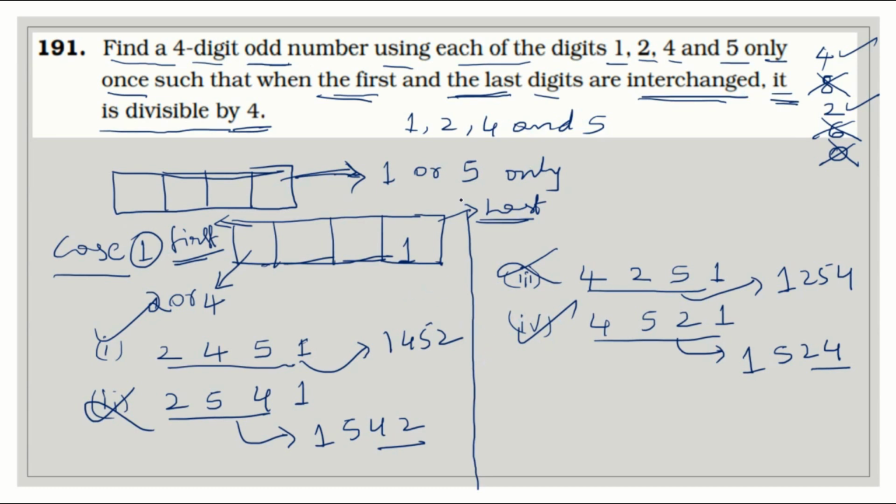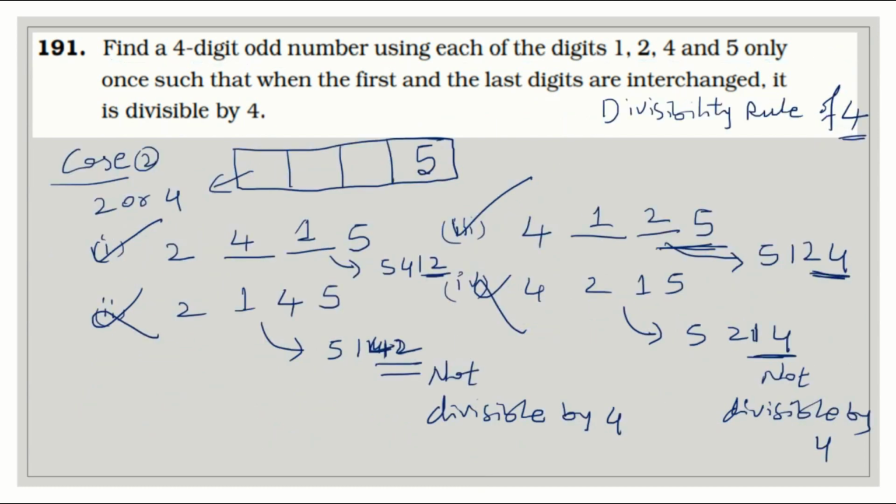Those 4 right answers are: 2451 could be in case 1 and 4521 could be the second. In case 2 we have 2415 being one right answer and 4125 could be the other right answer.